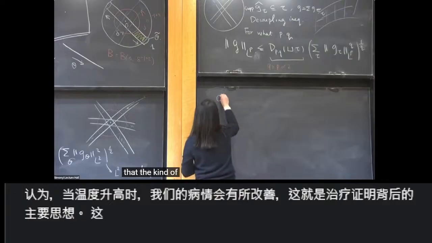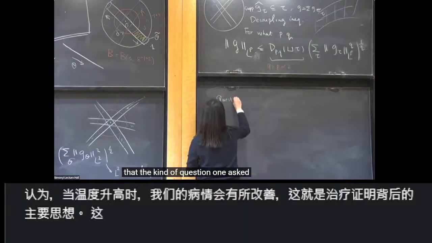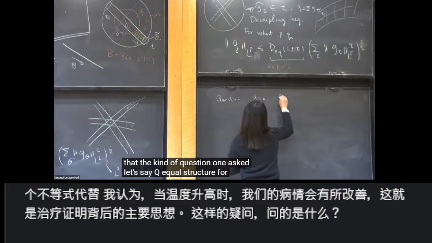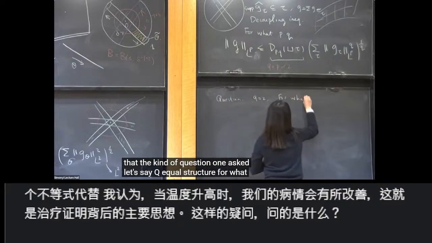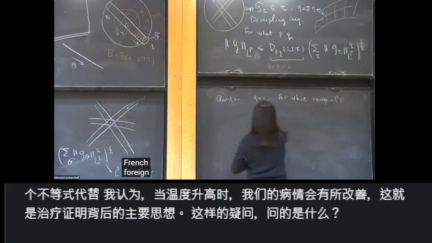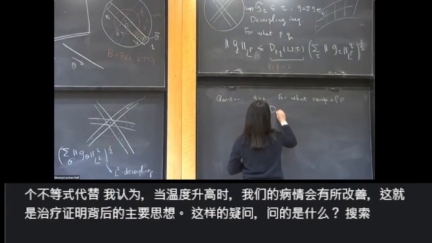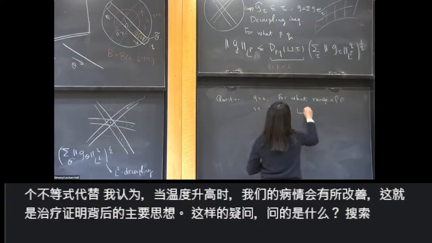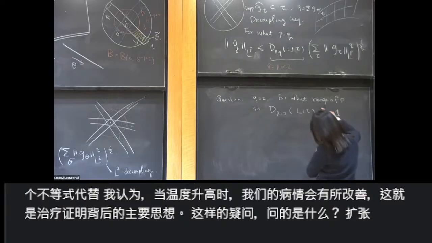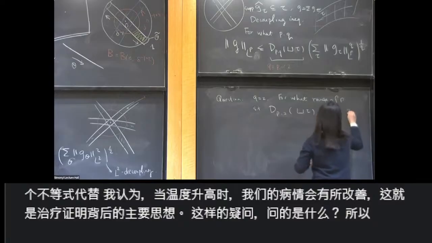The kind of question one asks is, let's say Q equals 2, for what range of P is the decoupling constant bounded, up to some epsilon power, by a constant.